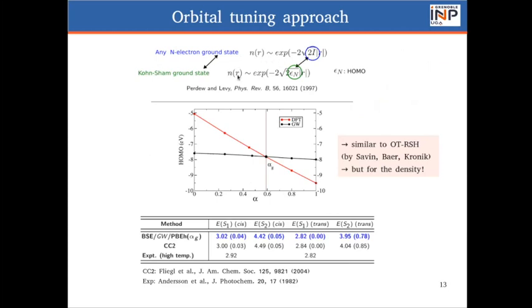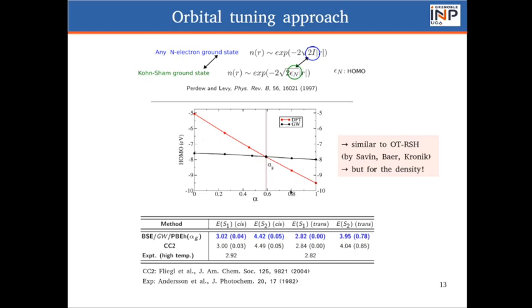We impose that our Kohn-Sham density actually decays exponentially the same way as the exact N-electron system. So what we do is that we tune the amount of exact exchange until our DFT HOMO equals the GW eigenvalue. It's a little bit a similar situation to the optimally tuned range-separated hybrids that you probably know.